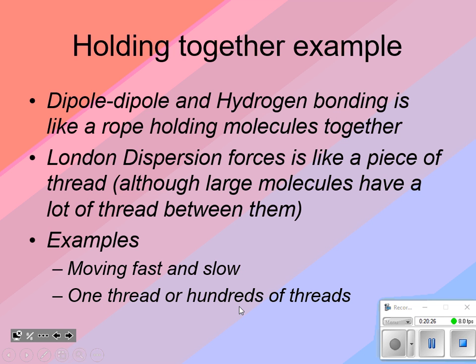But if you have hundreds, if not thousands of threads, either because you're a large nonpolar, so you have a lot of dispersion forces, or if you're a polar with the dipole interaction or hydrogen bonding, then you've got to be moving faster in order to break you apart. So the goal of lecture here is to combine the ideas of the amount of attraction and the amount of heat that plays a role in the bond type or in the state of matter.